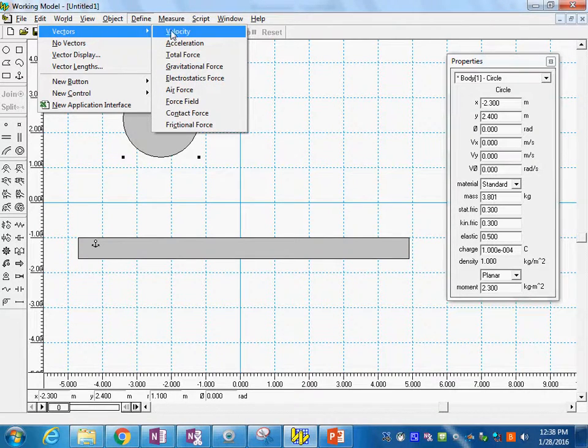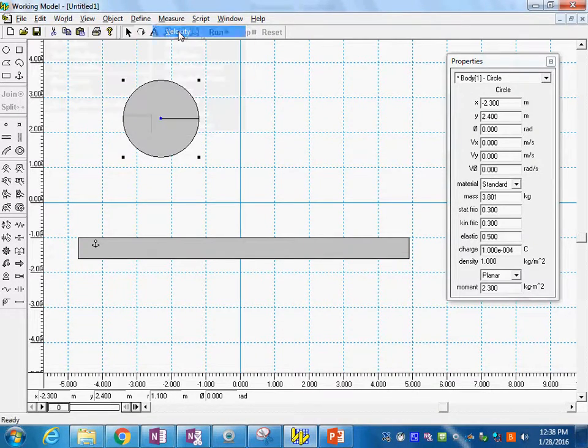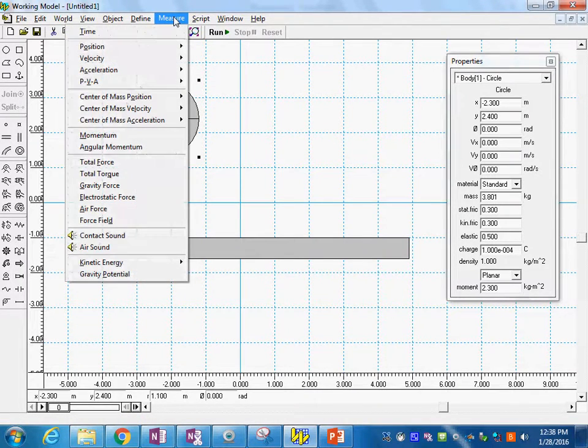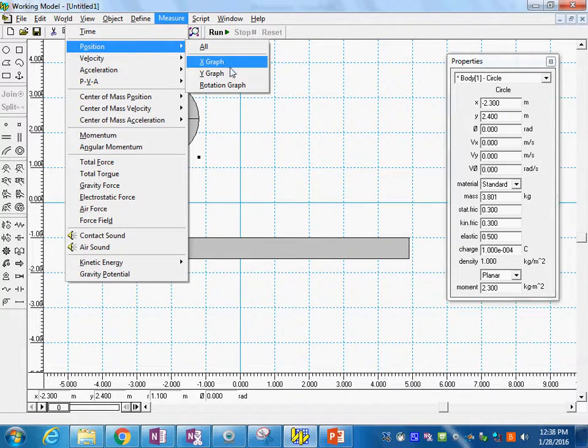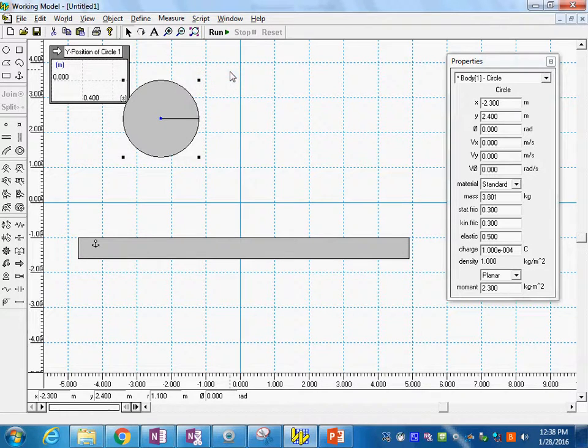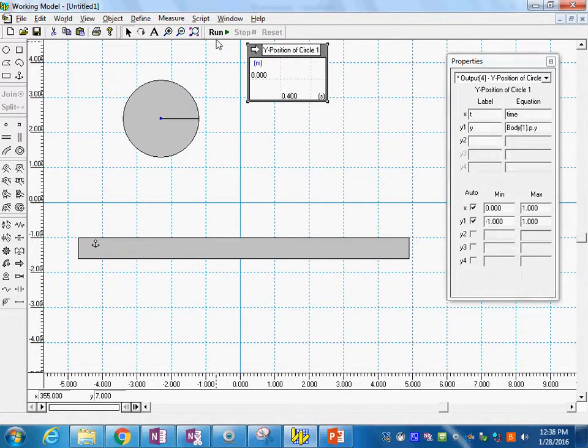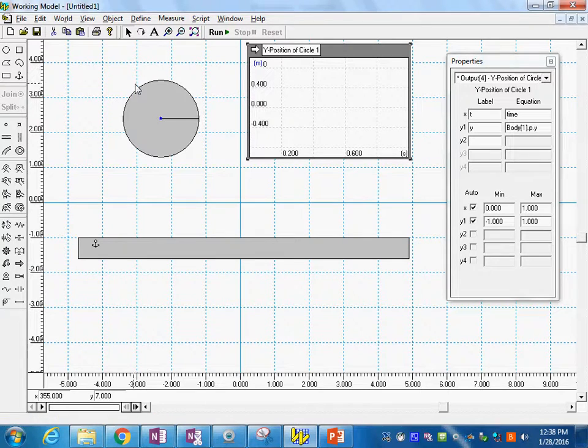I'm going to ask for the velocity vector first. And I'd also like you to measure for me the position in the y direction. Okay? So there we go. Maybe like that. And you say run.